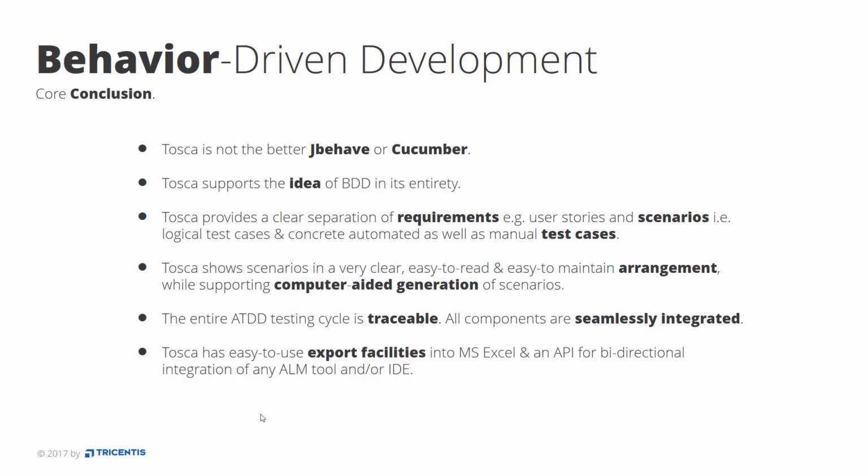You will later see this in the live demo, that you can jump from one object to the next, and you can even specify the sections, like for the management, for the testers, for the teams, whatever. So it's really very flexible. And you have an easy to use export facility like Microsoft Excel, or an API for the bidirectional integration of any ALM tool or an IDE.